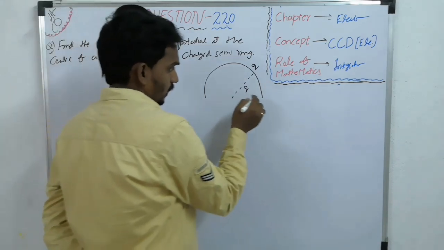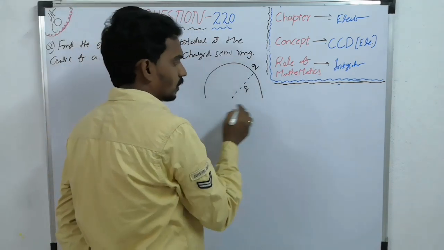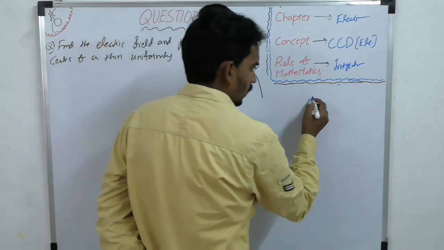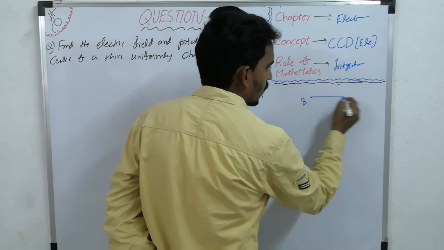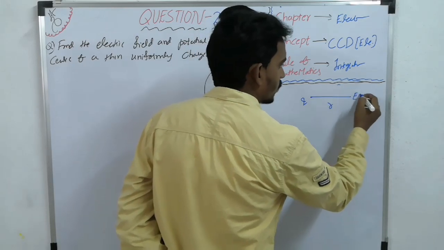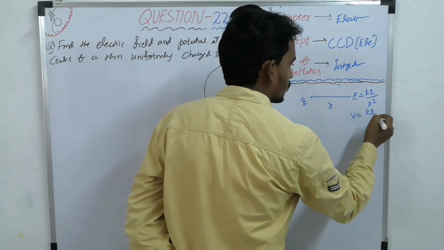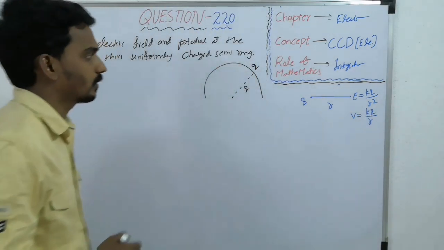See here, there is a charge Q distributed over the length of a semicircle. Now, due to a point charge at any distance r, the electric field is kq by r square and the electric potential is kq by r.